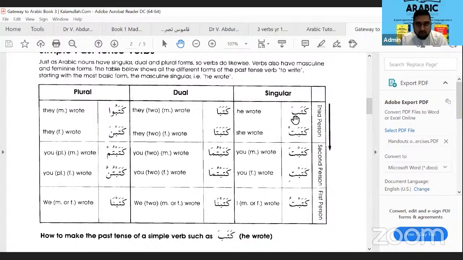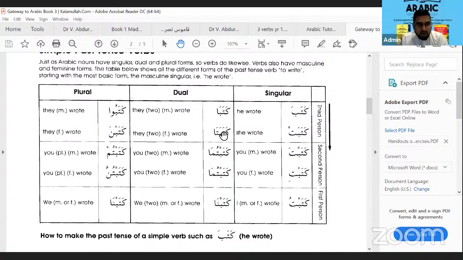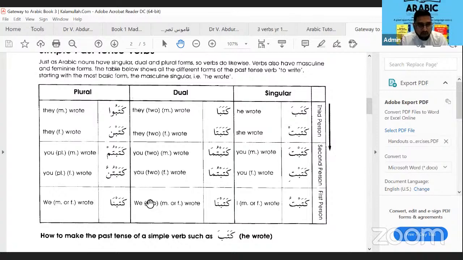Let's count together. 1, 2, 3, 4, 5, 6, 7, 8, 9, 10, 11, 12, 13, and 14. So katabna is exactly the same, so we don't count this. We will count 14. So there are 14 forms for the past tense.